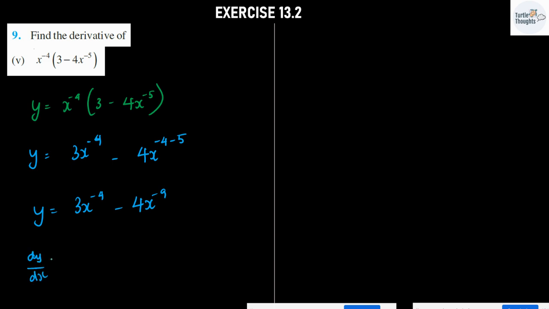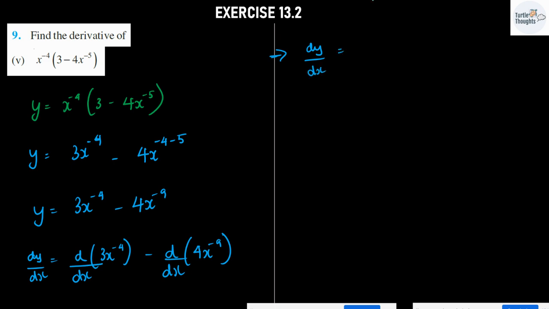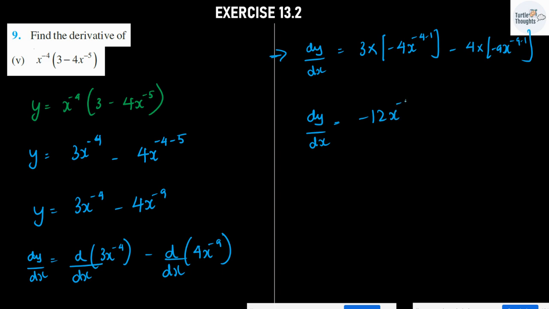Differentiating, dy by dx can be written as d by dx of 3x raised to the power minus 4 minus d by dx of 4x raised to the power minus 9. dy by dx is going to be equal to 3 multiplied by, I can use the power rule again, 4x raised to the power minus 4 minus 1, minus 4 multiplied by minus 9 multiplied by x to the power minus 9 minus 1. dy by dx is going to be equal to minus 12x raised to the power minus 5.